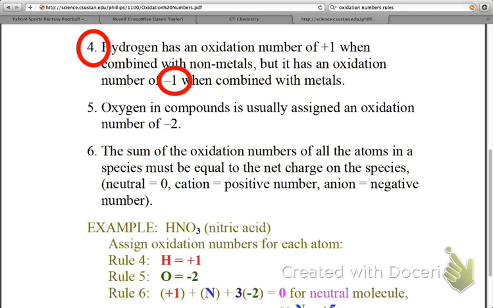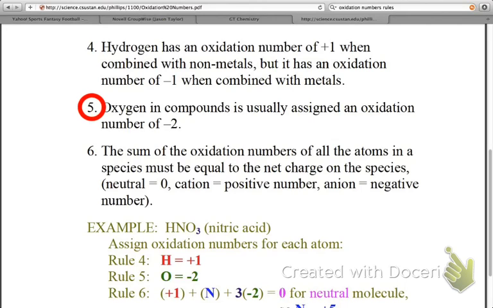So when it bonds with metals, it's the boss. It'll gain that electron to complete the first ring octet of 2 electrons, and hydrogen will be -1. But when hydrogen bonds with most nonmetals, it is no longer the boss because it's not quite the most electronegative, and when it bonds with nonmetals, it'll have an oxidation number of +1. So we don't always know what hydrogen's going to do, but we have a pretty good idea based on what it's bonding with.